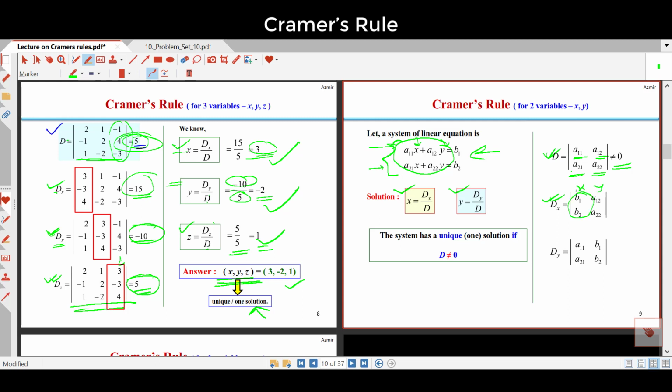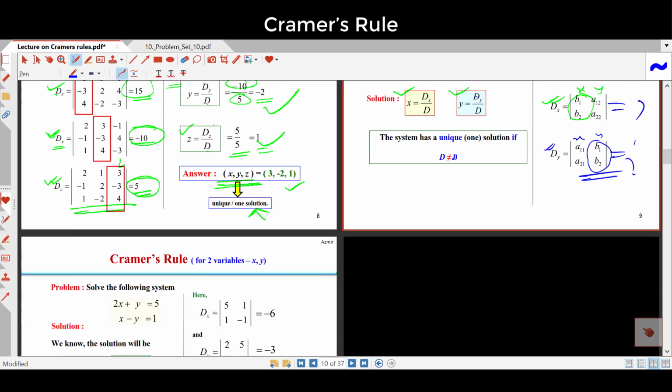So in the first column you have to input the right side values. Similarly, whenever you are finding d sub y, then first column is for x, second column is for y. So in the second column input the right side values, b1, b2. So you can easily find all the determinants and you will get the solution for this system.